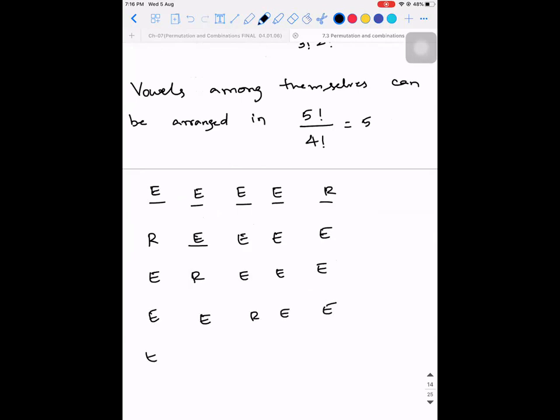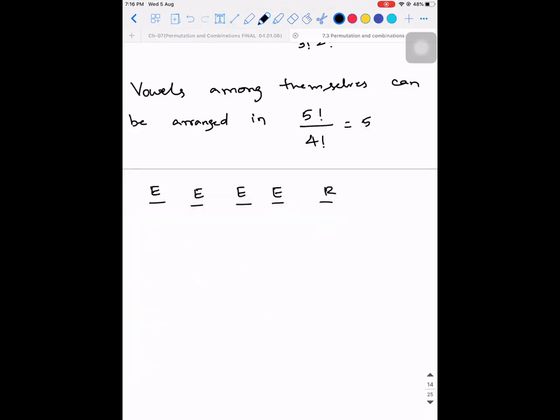Fourth way. Fifth way. Is there any other possibility? Are you guys able to understand why I need to divide by 4 factorial? Yes or no? Yes, sir. Is it clear? Okay.